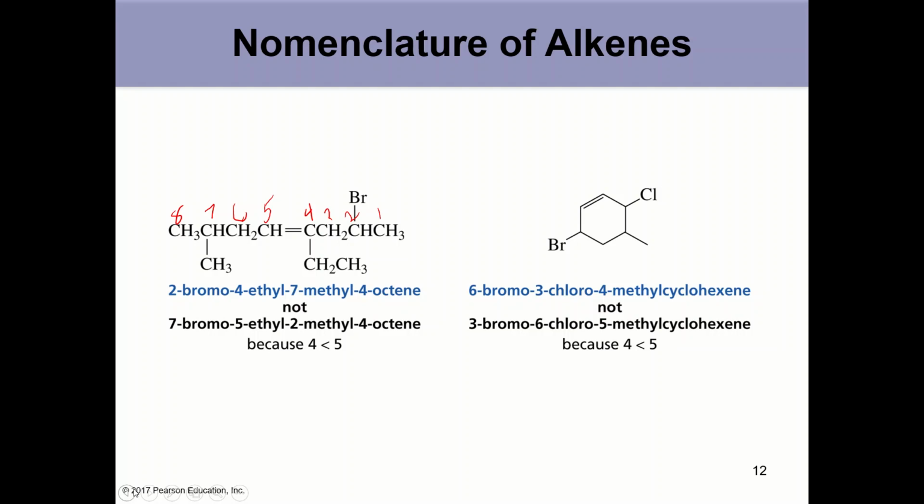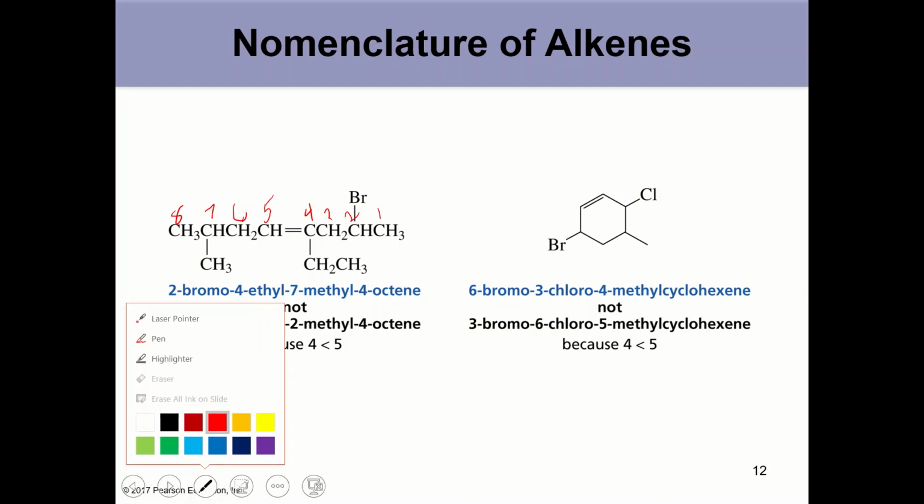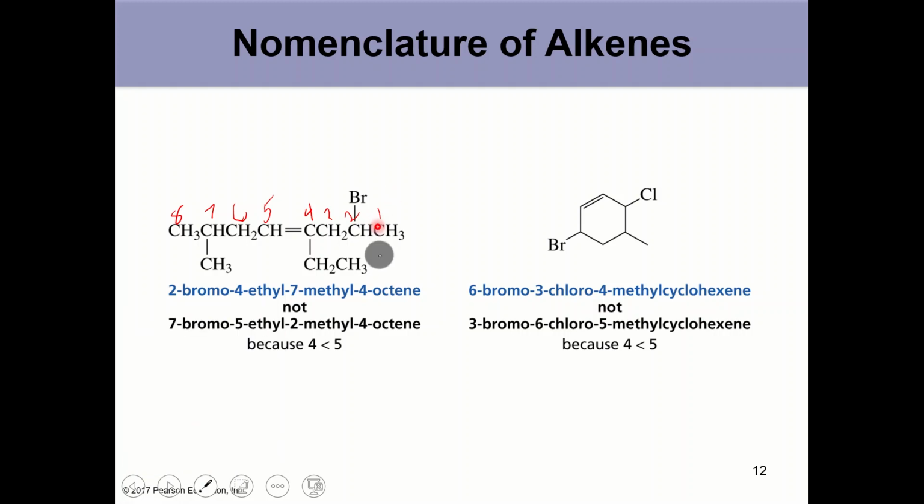So it seems logical to me that to give the lowest possible number to all branches, we would start at the half of the molecule that has 2 branches instead of the half of the molecule that has 1. So if you start as I have numbered at the left side of the molecule where there are 2 branches, we get 1, 2, 3, 4, 5, 6, 7, 8 carbon molecule, pi bond at carbon 4.